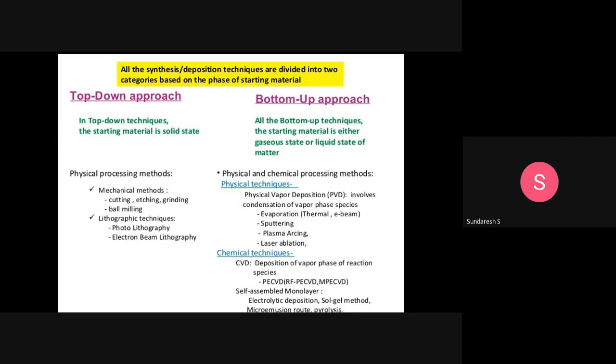Okay, so both physical and chemical methods are there under bottom-up approach, whereas in the case of a top-down approach, we have only physical processing methods. Of course, these types of methods we are going to discuss in detail later. Okay.